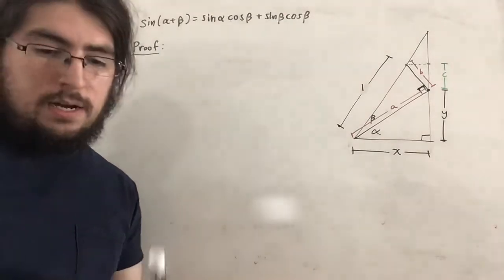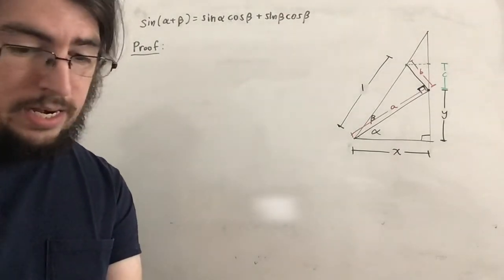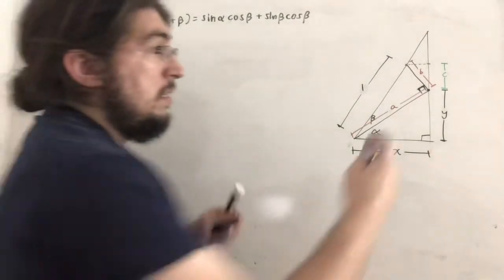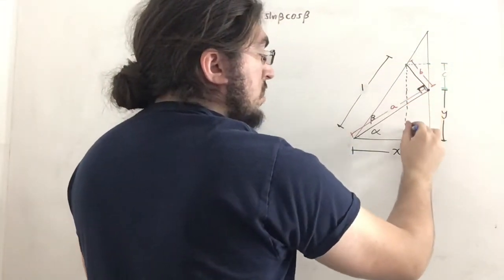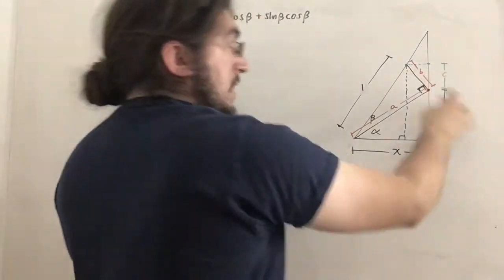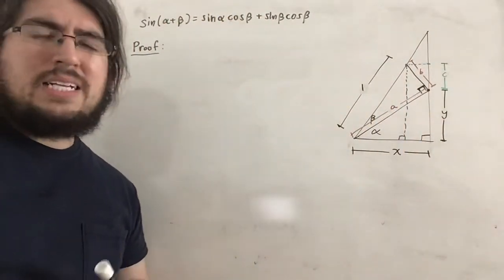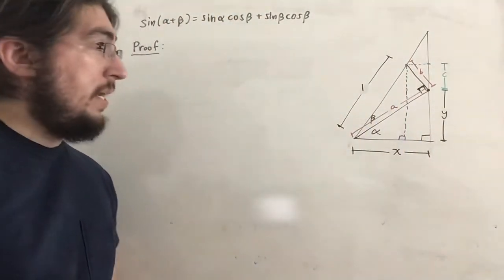Good. Also notice that if we shift this over a little bit, this dotted line will have the same length as y plus c, that doesn't affect sine of alpha plus beta.